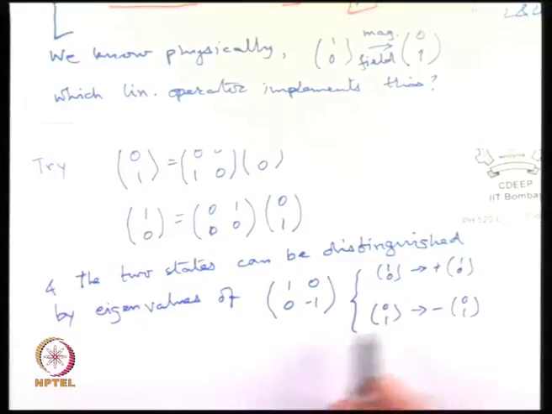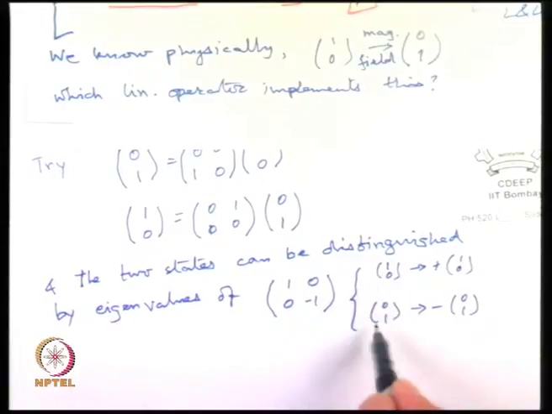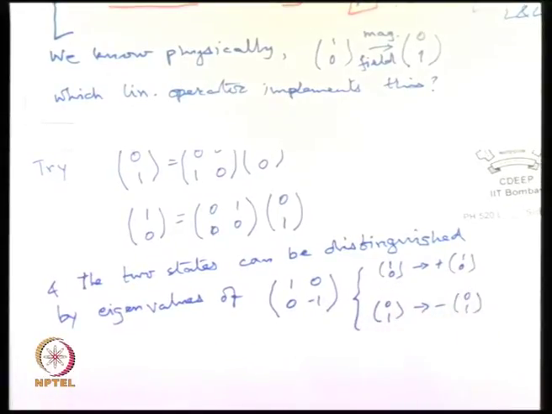So if you apply this matrix on this or on this, you can distinguish the up spin and down spin as eigenstates of this matrix.